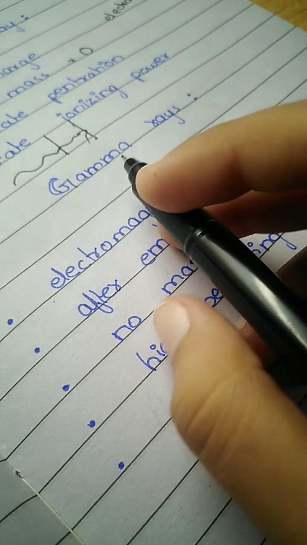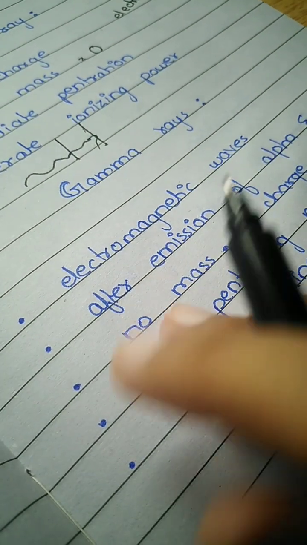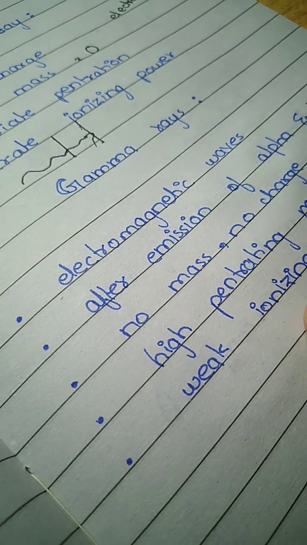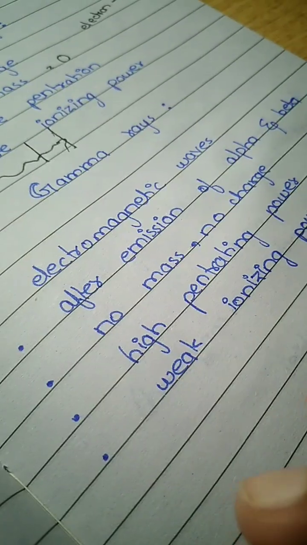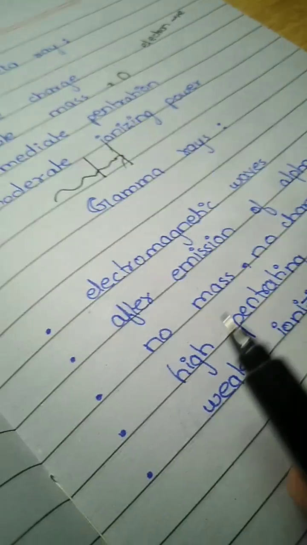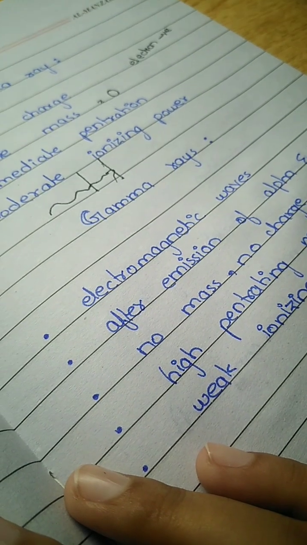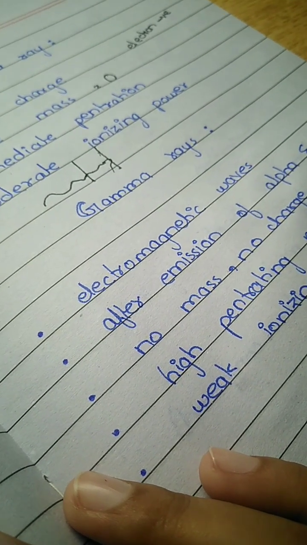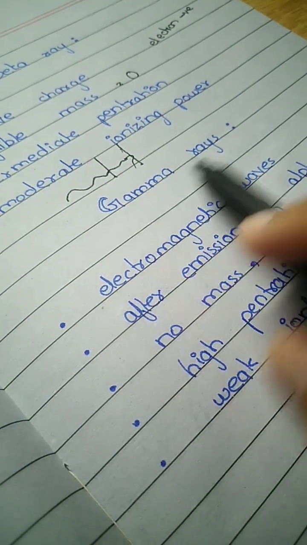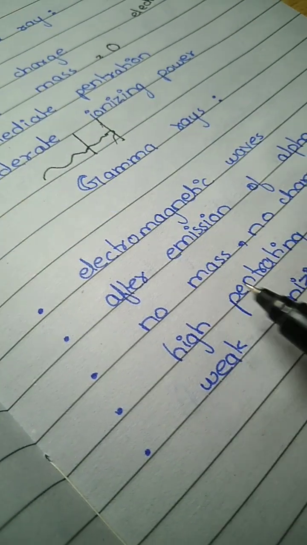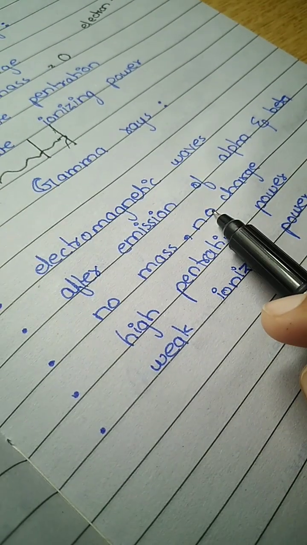Now let's talk about the gamma rays. Gamma rays basically just work like a neutron. That's not actually a neutron, but we can say that, as we take alpha as a positive charge, just take it as a proton and beta rays as an electron. So we're going to take gamma rays as the neutron because it does not have any mass and does not have any charge.